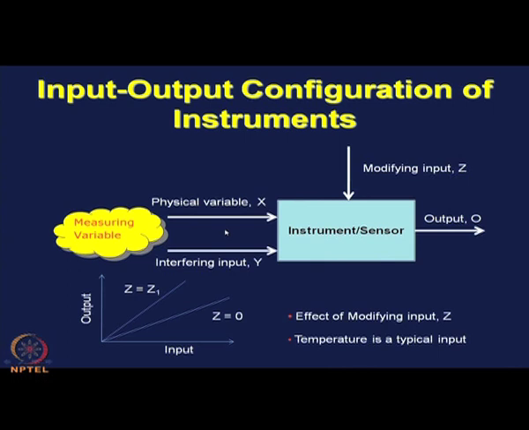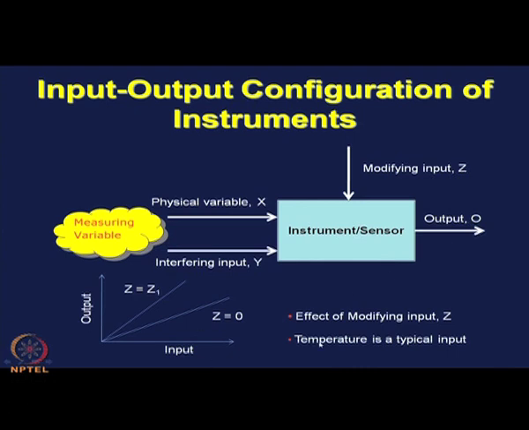We can also explain this in terms of a simpler block diagram as follows. We have measuring variables. This goes to the input instrument or sensor. So, this is the desired input. It also receives interfering input as input signal and also modifying input as input signal, and finally gives us the output.